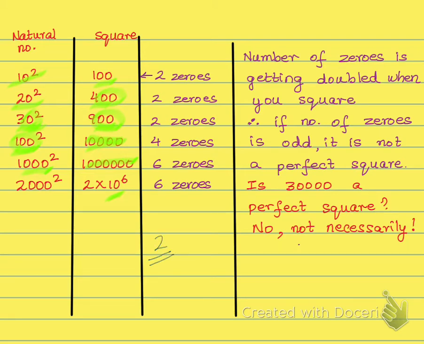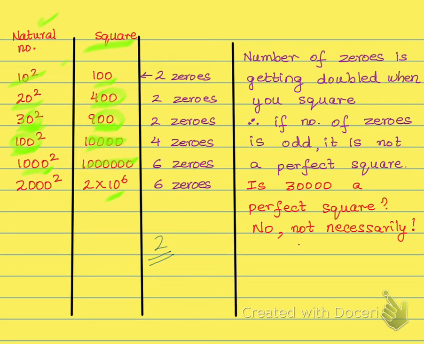In other words, whenever you square a natural number ending in 0, the number of zeros gets doubled. You will always have an even number of zeros in the square of a natural number ending in 0.